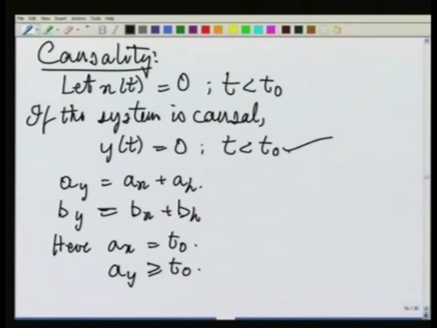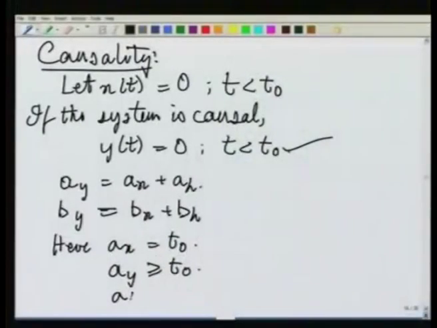Therefore, if a_y is greater than or equal to t naught and a_x is t naught, then using this along with the result that a_y is a_x plus a_h, we can immediately see that a_h must be greater than or equal to 0.